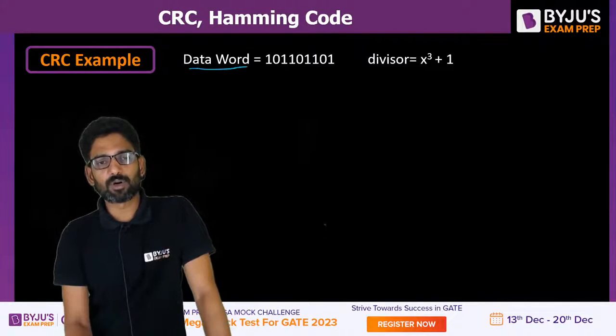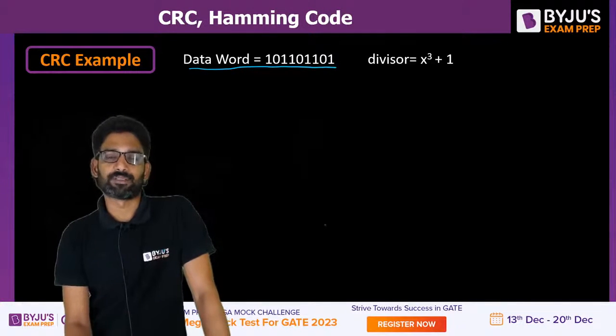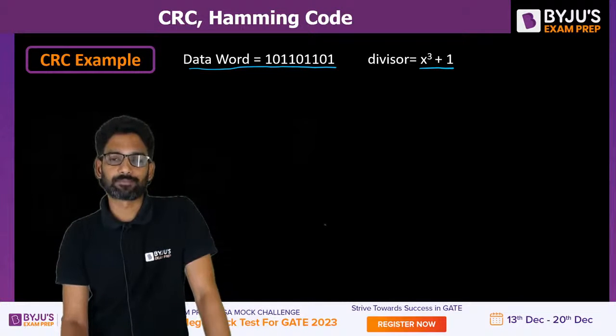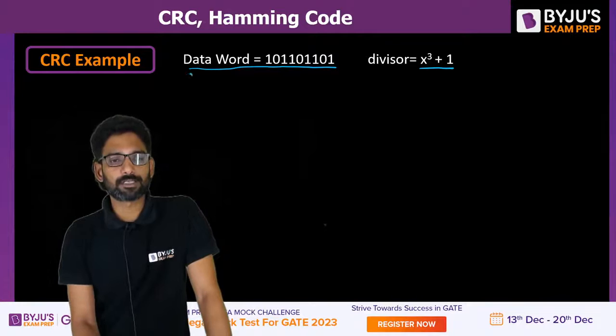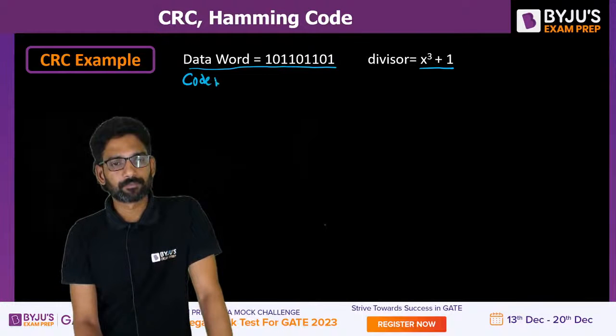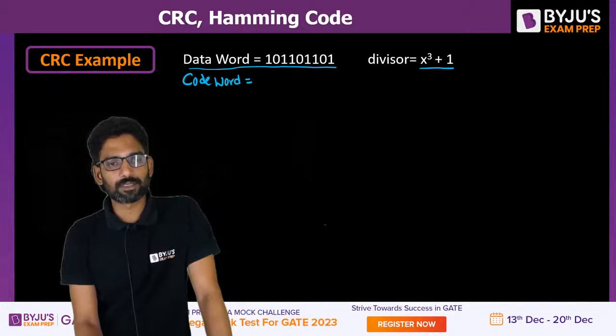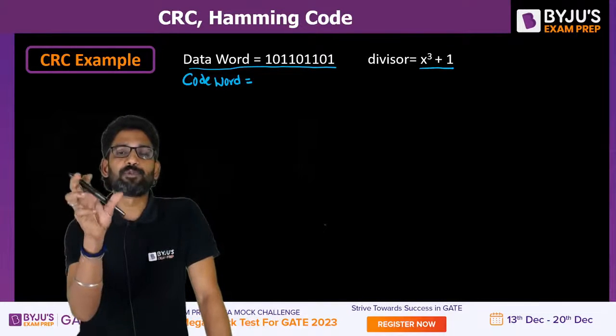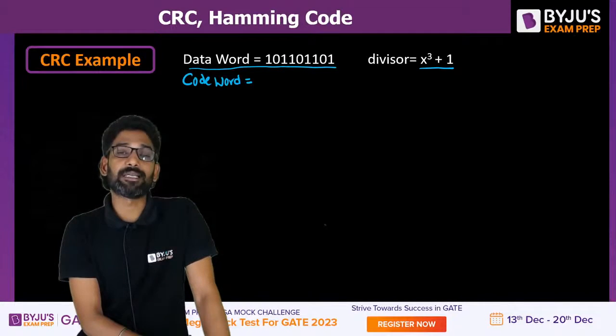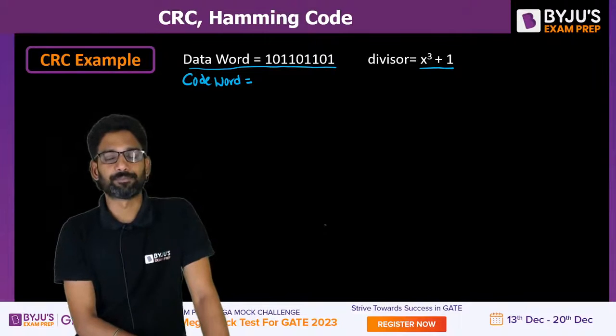Suppose the sender wants to transmit this using the divisor x cube plus 1. Then what is the code word? The code word is always the data word with redundant bits, meaning what is sent is the code word.